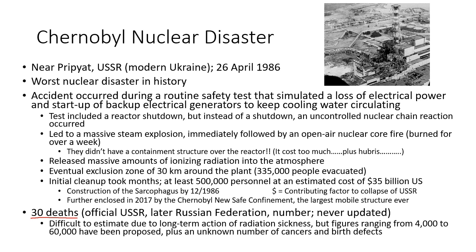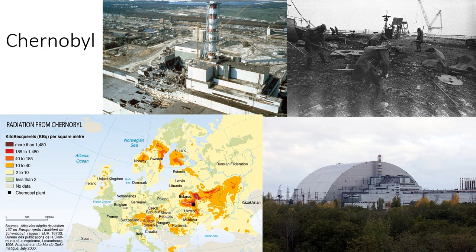So anything from 4,000 to 60,000 individuals could have potentially died from this or the resulting cancers over the decades. This occurred in northern Ukraine, formerly part of the USSR, and the ionizing radiation got blown up into the atmosphere and drifted on the prevailing wind currents and was detected in Scandinavian countries first.